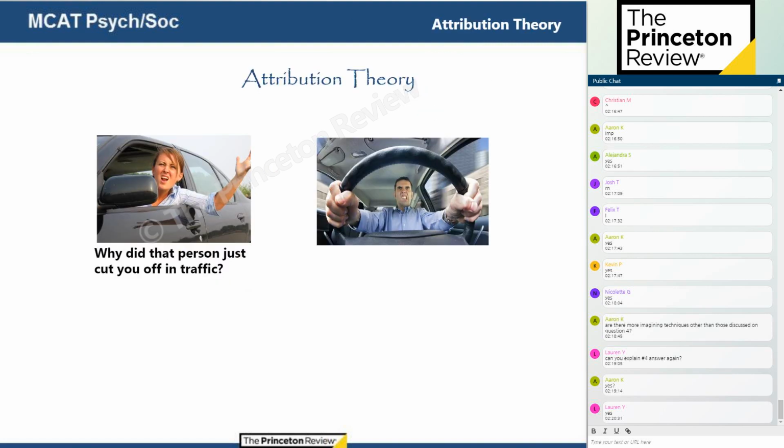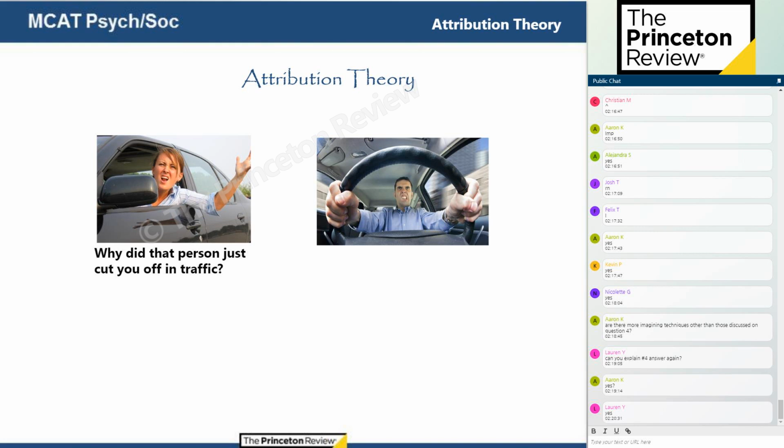All right. Let's talk about attribution. Okay, attribution theory. We're always trying to figure out why people do what they do, and we come up with our own answers about that.